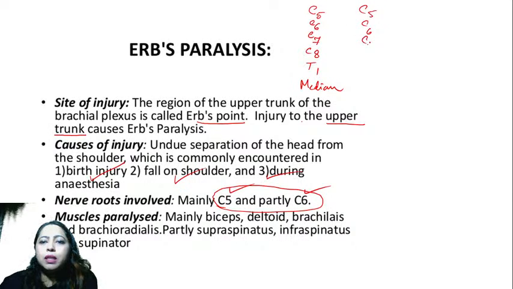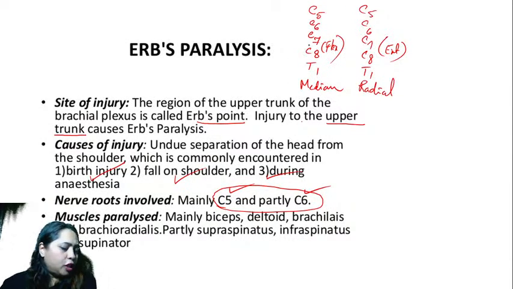C5, C6, C7, C8, T1 is for radial. So this is for the extensor compartment and this is for the flexor compartment. Both of them have everything, all five roots.